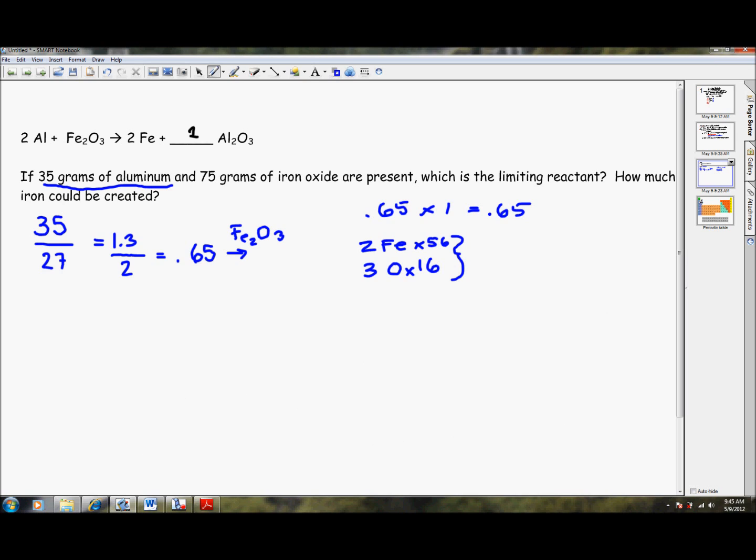So I have about 56 times 2 plus 3 times 16. Okay, 160. So I'm going to take 0.65 times 160. And this is 104 grams of Fe2O3 needed.